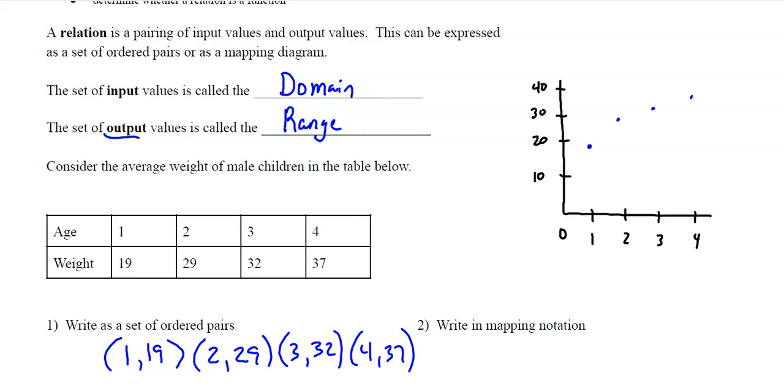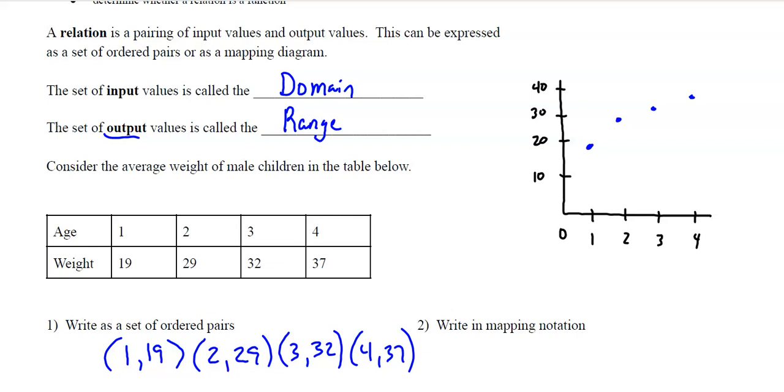What we cannot do is connect the dots right now, because these are the only dots that we have information on. We don't know about, at 1.1 or 1.2 or 1.3. So be careful whenever you're doing this section where you're just mapping out relations. Don't connect the dots.